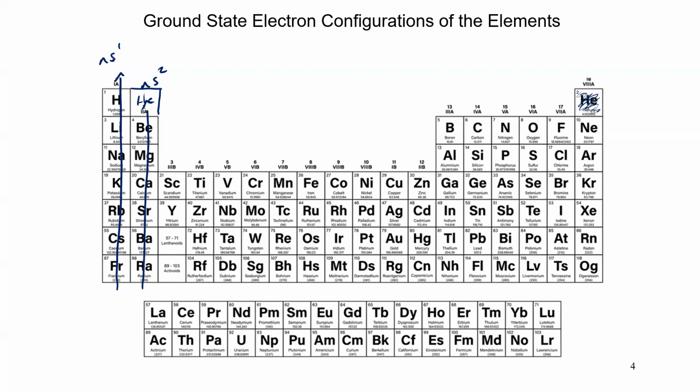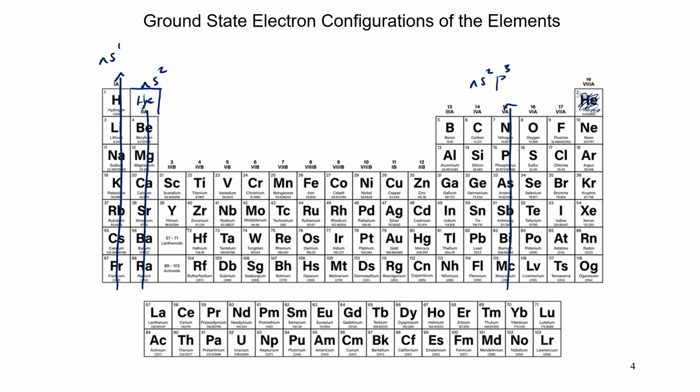I'm going to jump over the transition metals just for a minute. If we go to this column, what do all of those elements end with? ns2, yeah, and then what else? np3. Yeah, okay. So they all end with ns2 and np3.